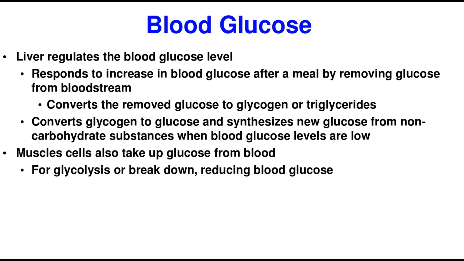They quickly undergo glycolysis, breaking down the glucose and releasing ATP and energy, which is used particularly in active skeletal muscle. And taking up the glucose from the blood by the muscle will also lead to the reduction of blood glucose.